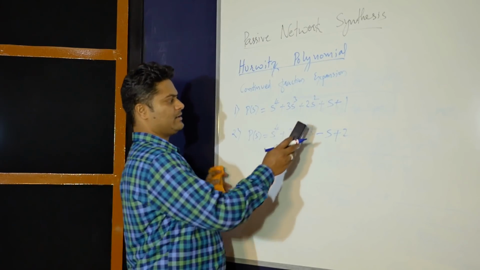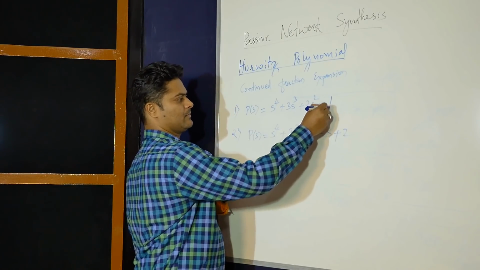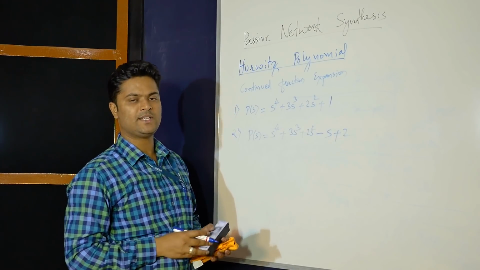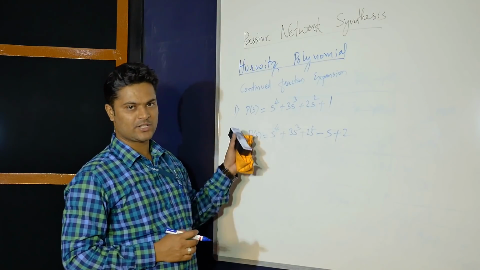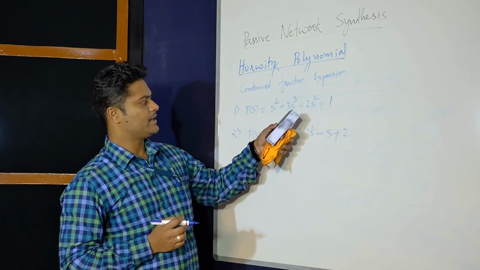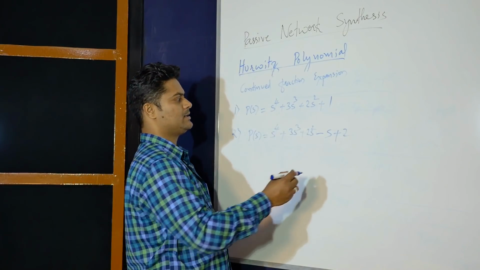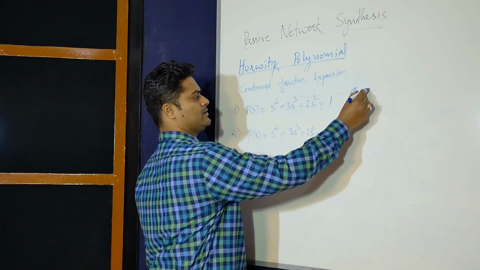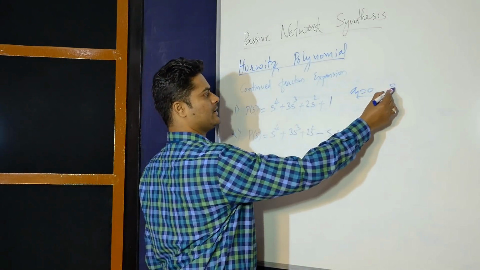By inspection itself we can tell that the first function is not a Hurwitz polynomial, because it is missing the term s to the power 1, that is a1 is 0, or the s term is missing.